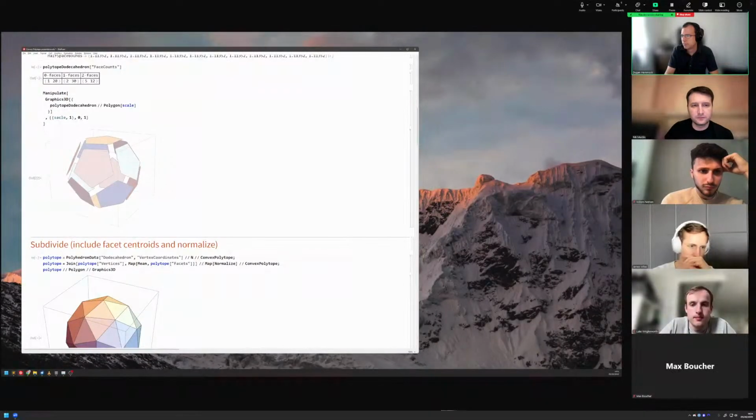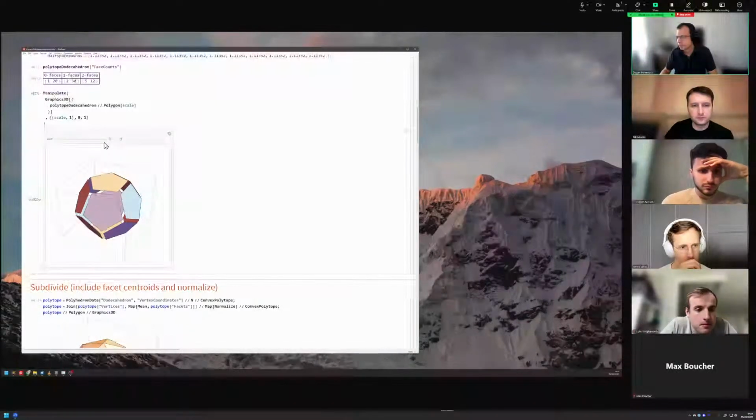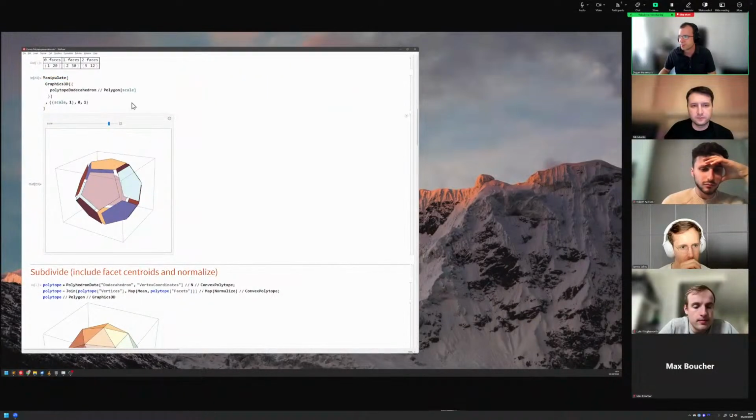Oops. You can diminish the size of the faces, scale them down. It kind of gives a nice view into the structure.